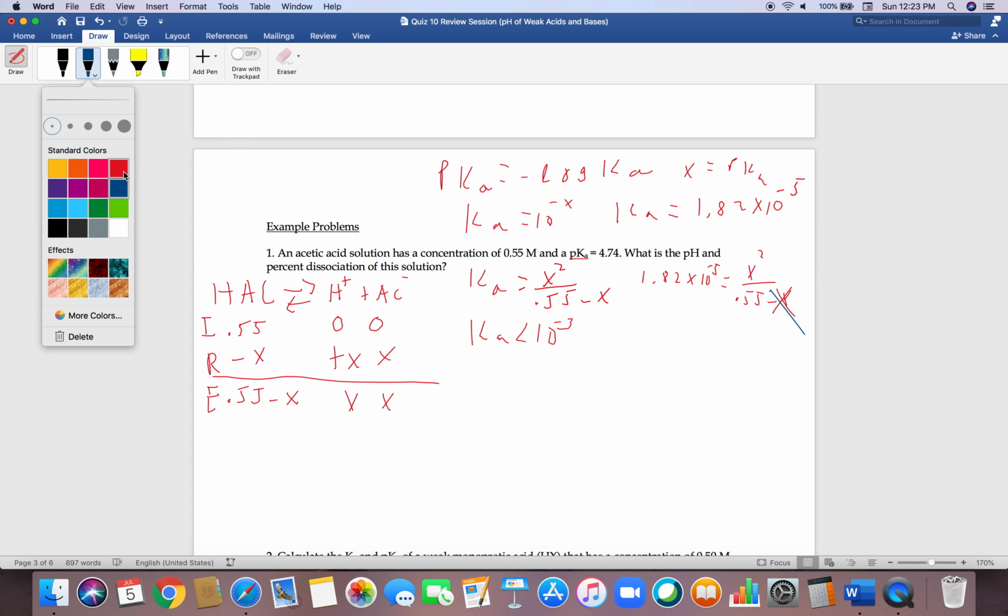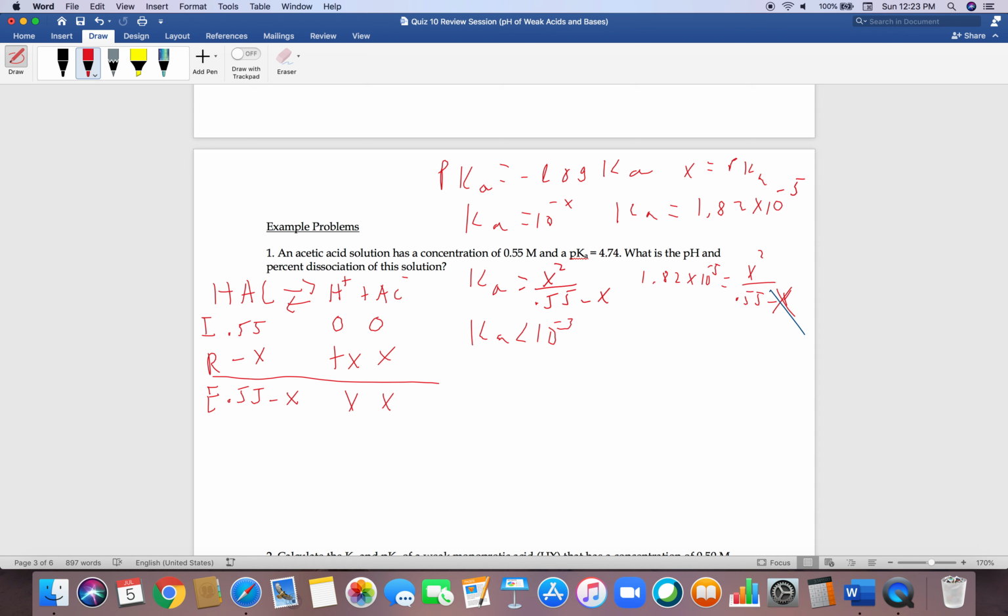So our Ka expression will equal 1.82 times 10 to the negative fifth, and that equals x squared over 0.55. At this point, you should be able to solve for x. You would multiply these values and take the square root, and you would find that x equals 3.16 times 10 to the negative third molar.